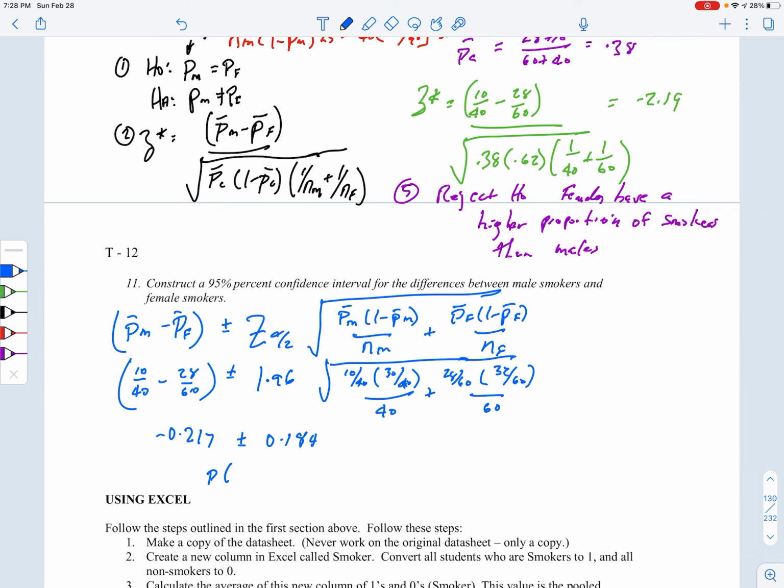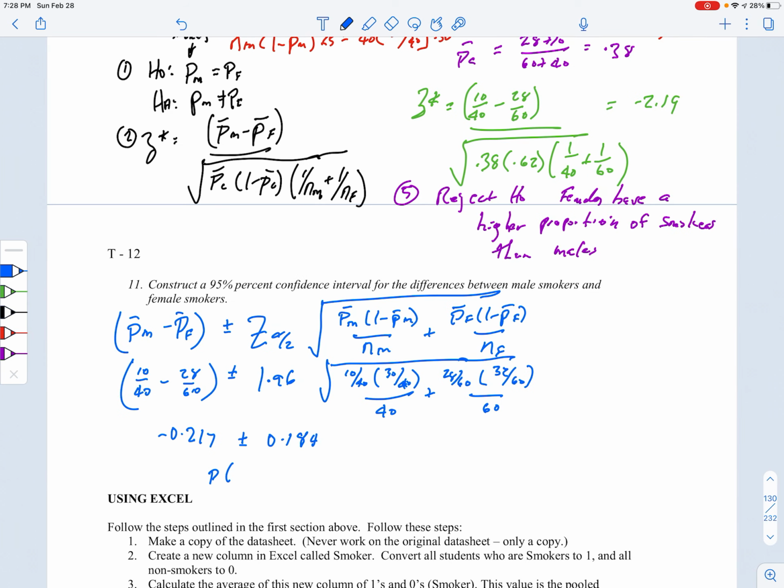And so that will look like this. It will be minus 0.40 is the difference between the males and the, oops, those are proportions, not M. Those are not mu's. Those are P's.